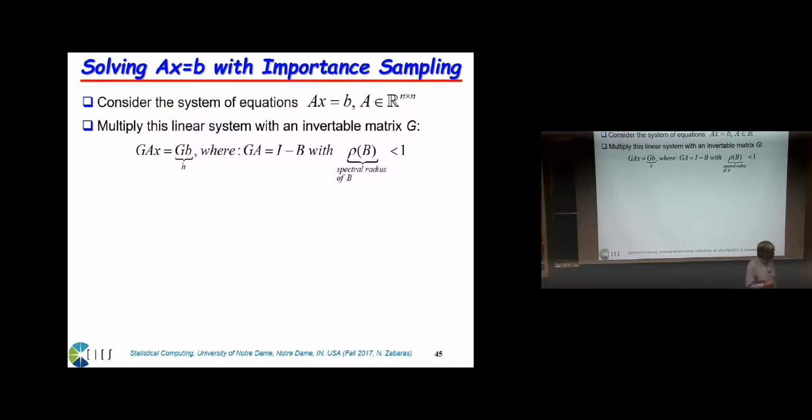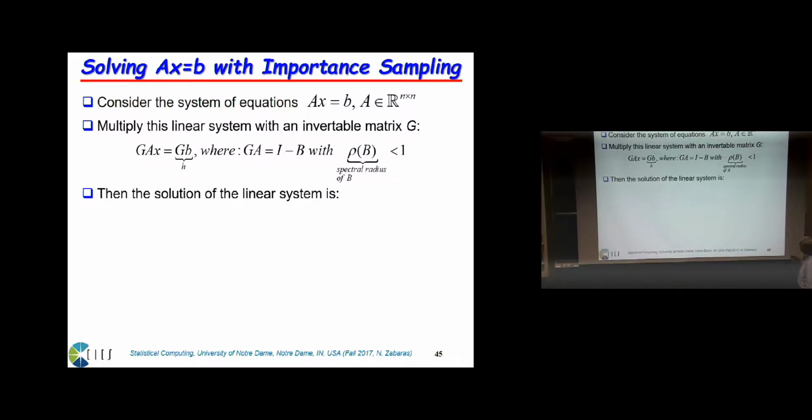Basically, that means all its eigenvalues are less than 1. You will see in a second why this is helpful in setting up the Monte Carlo pattern. I can find the G, and in the example I give you, for sure if A is symmetric, you can do this automatically, but you find the G so that GA is I minus B, where B has a spectral radius less than 1.